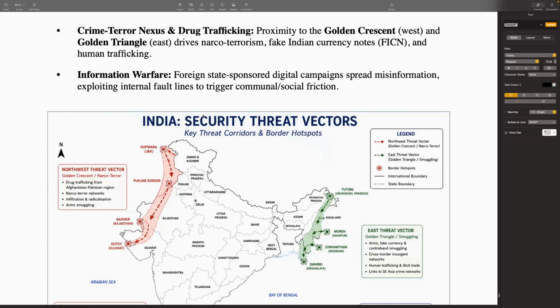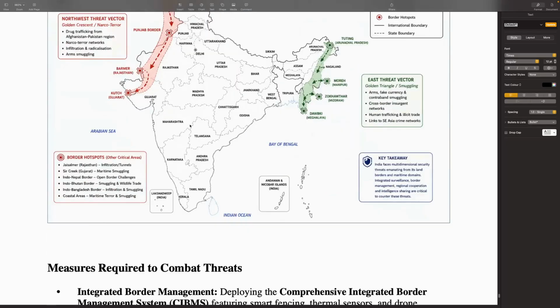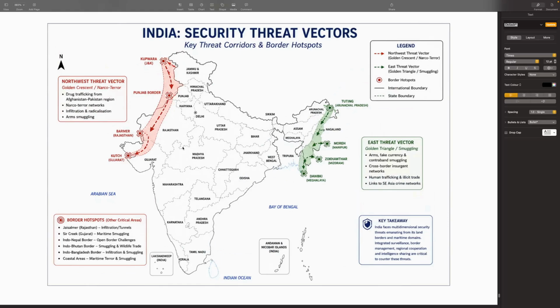Information warfare. Foreign state-sponsored digital campaigns spread misinformation, exploiting internal fault lines to trigger communal and social friction. This is the map, by the way.